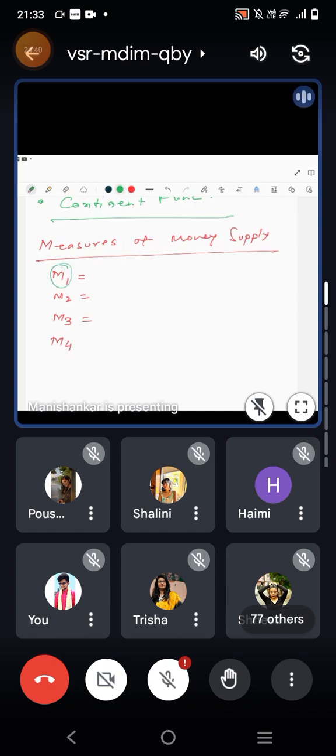But this M1 is called narrow money or narrow definition. And that M4 is called broad money. Okay. Now, one by one, let me explain.